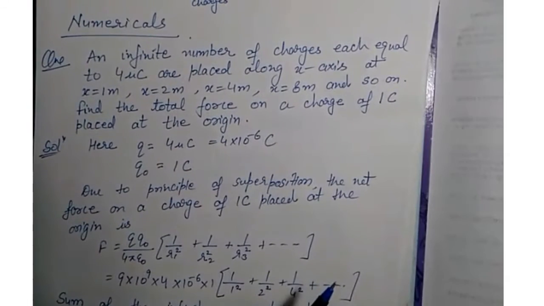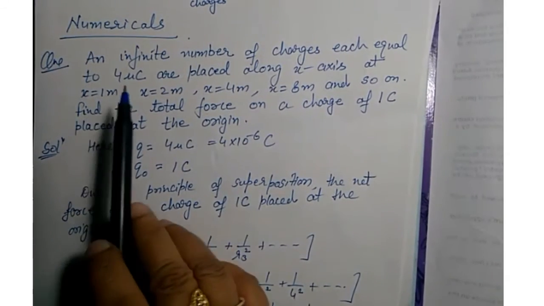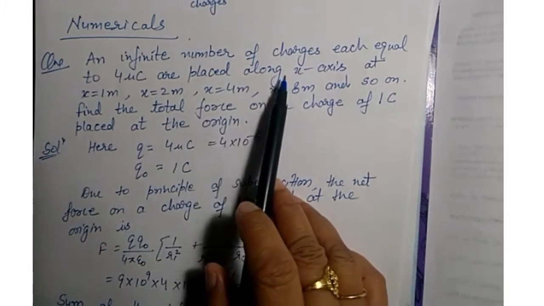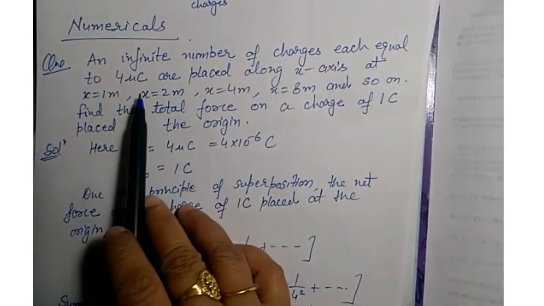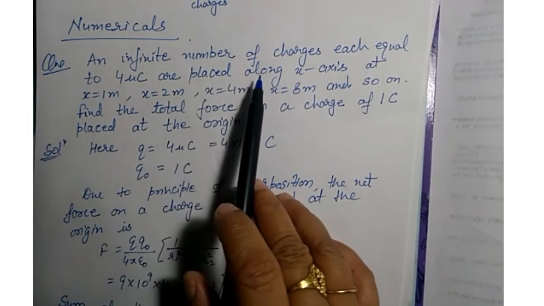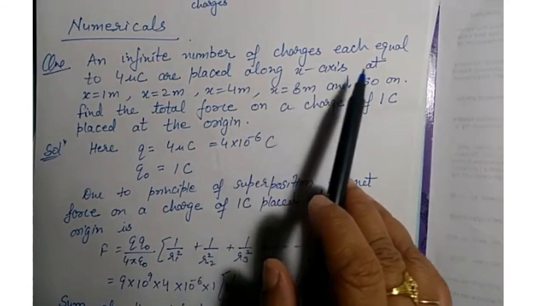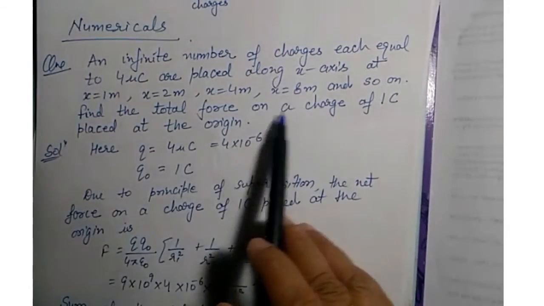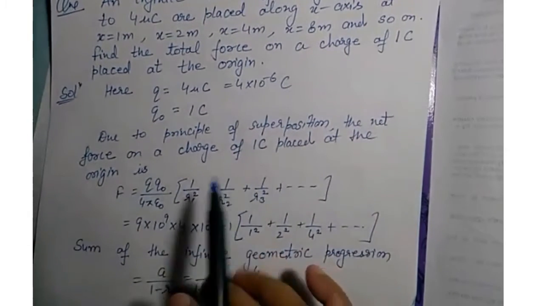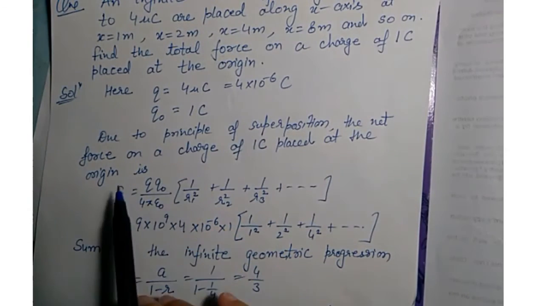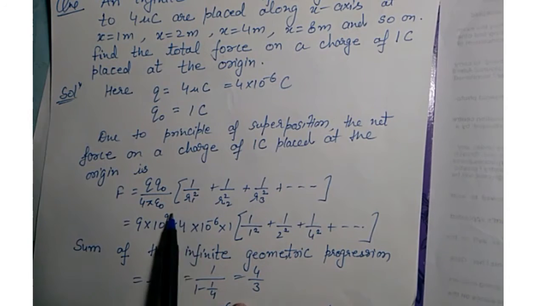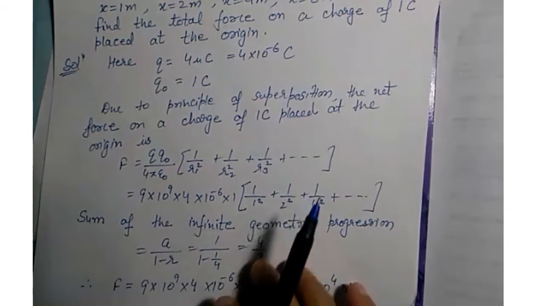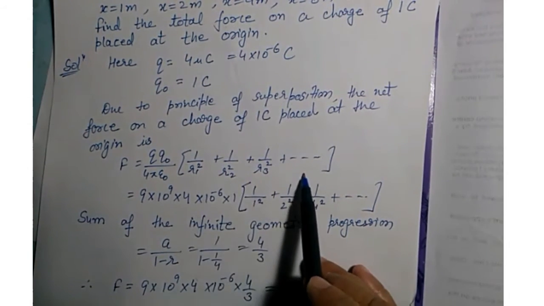There is a numerical problem. Now, an infinite number of charges, each equal to 4 microcoulomb, are placed along the x-axis at these distances. Find the total force. So, after finding the values, applying Coulomb's law and putting the values here, the distances are varying.